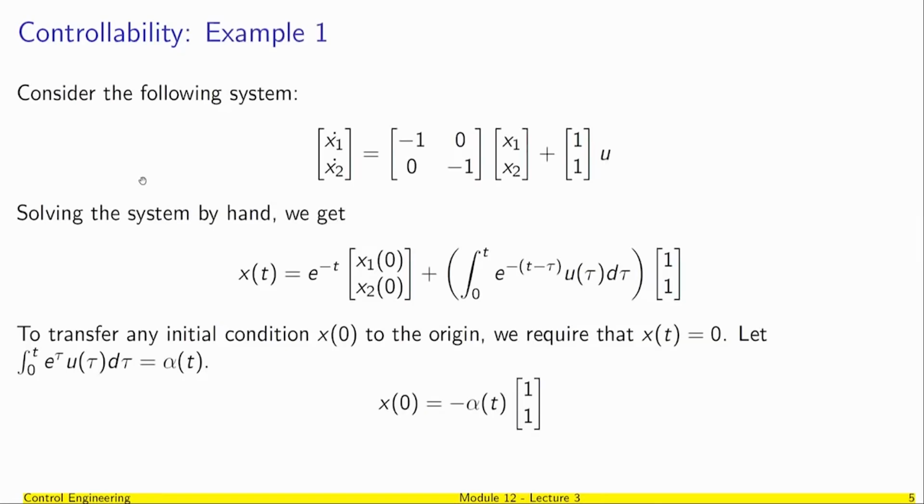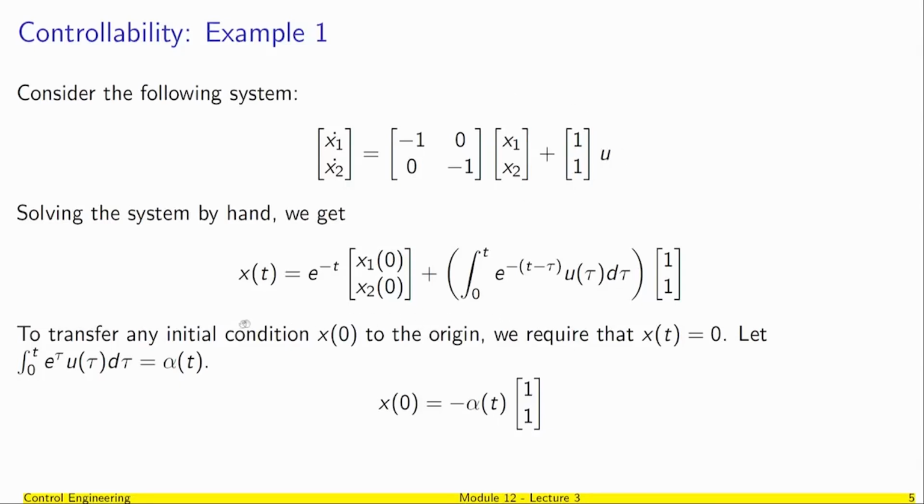Okay. So, let us first understand this with the help of an example. So, I have a system, very beautifully written down in the diagonal form: x1 dot is minus x1 plus u, x2 dot is minus x2 plus u. Okay. So, these are essentially differential equations.